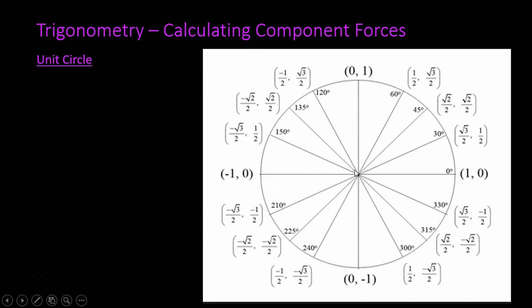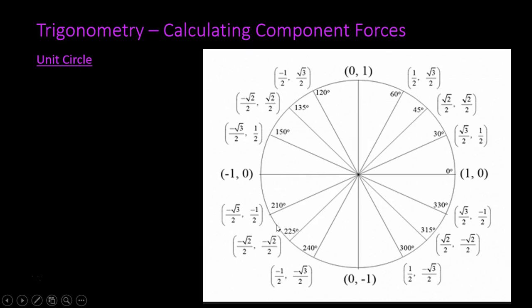If we go over here to say 135 and we draw a line at an angle of 135 degrees to the edge of the unit circle, we'll find that its X coordinate is negative square root of 2 divided by 2, and its Y coordinate is the square root of 2 divided by 2.